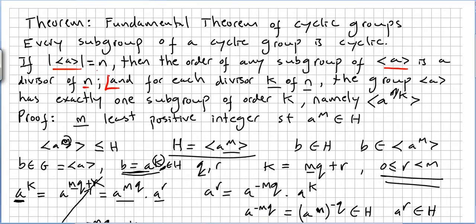Now we are going to prove this here: for each divisor K of n, the group generated by A has exactly one subgroup of order K, and that subgroup will be the group generated by A to the power of n dividing K.